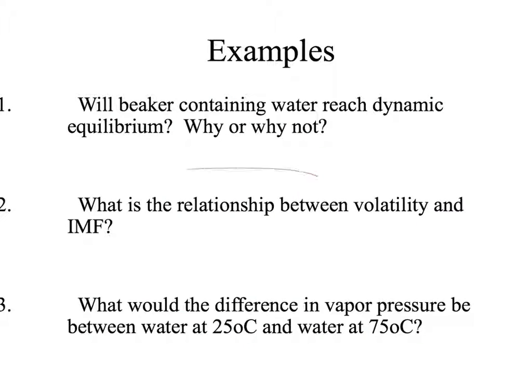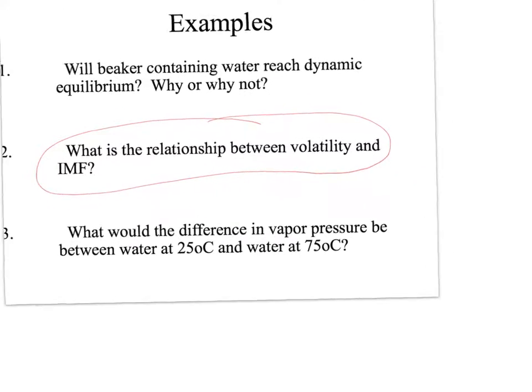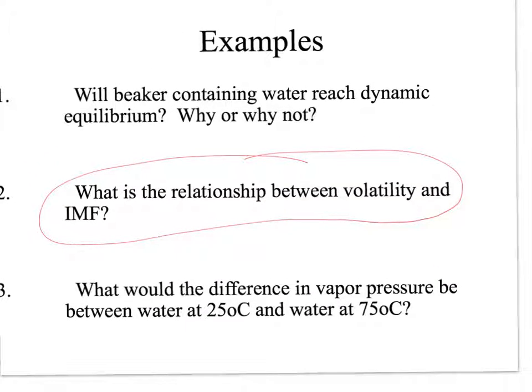So what I want to think about here is the relationship between volatility and intermolecular forces. What is the relationship between volatility and intermolecular forces? Well, if you have strong intermolecular forces, and these molecules are really attracted to each other, if they're really attracted to all their friends in the liquid, it's going to be harder for them to break free.